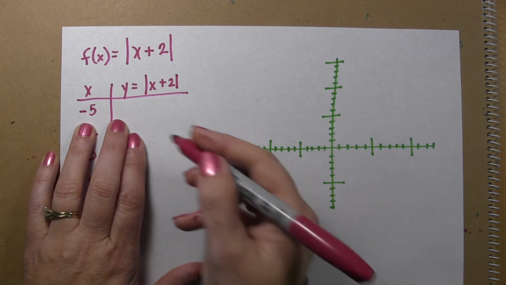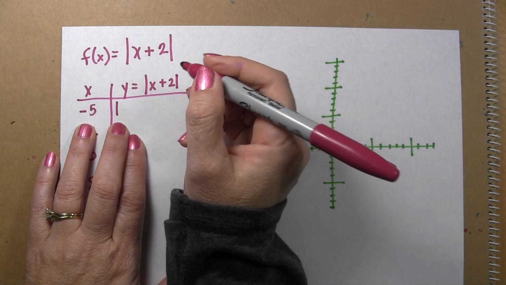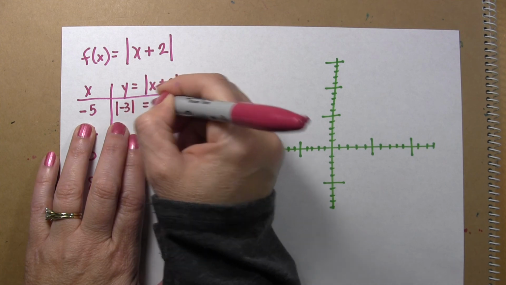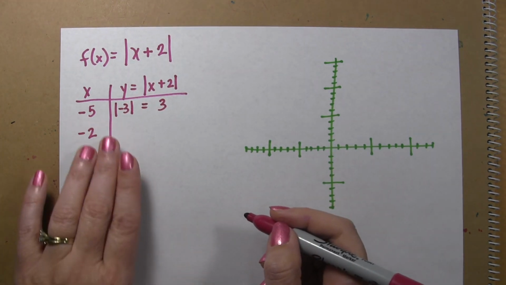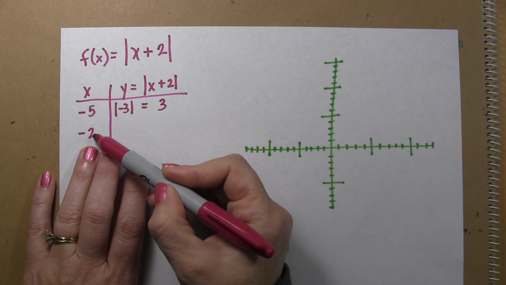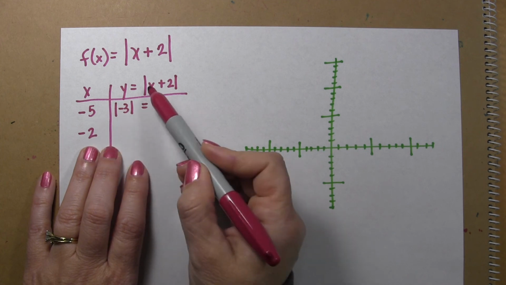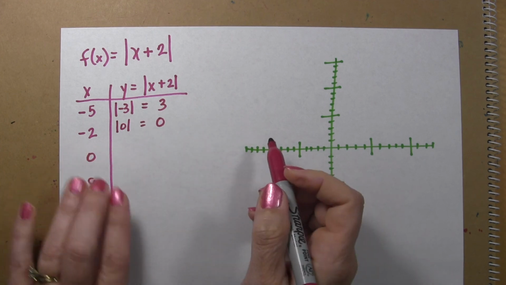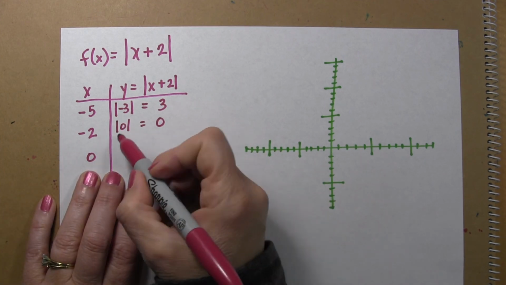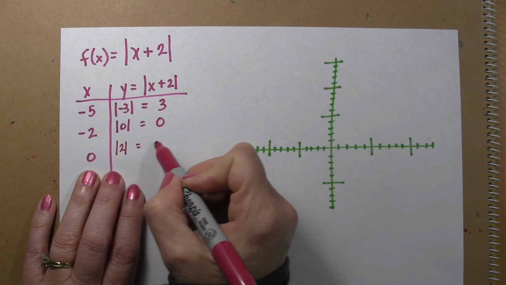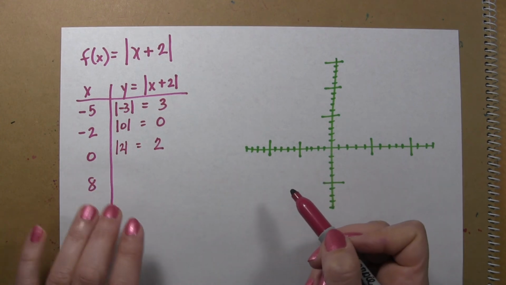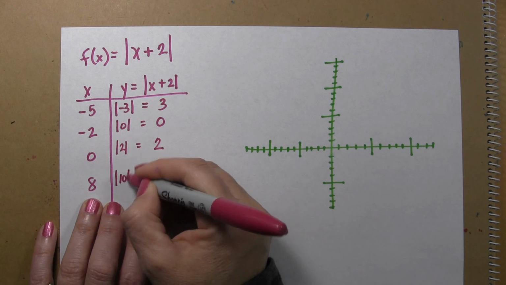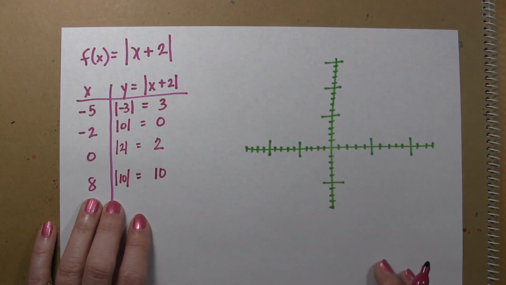So when we stick a -5 in, that's going to be the absolute value of -5 plus 2, which is the absolute value of -3, which is +3. If x is -2, then this is going to be the absolute value of 0, which is 0. If you put 0 in, that's going to be the absolute value of 2, which is 2. And if you put 8 in, that's going to be the absolute value of 10, which is 10.